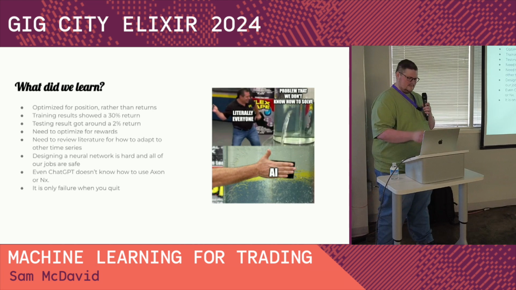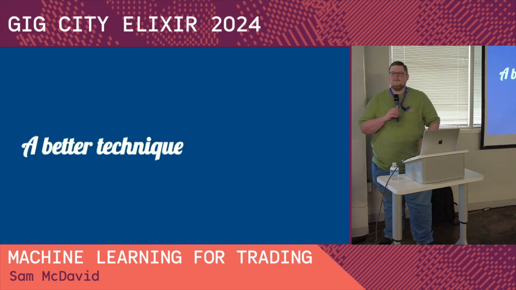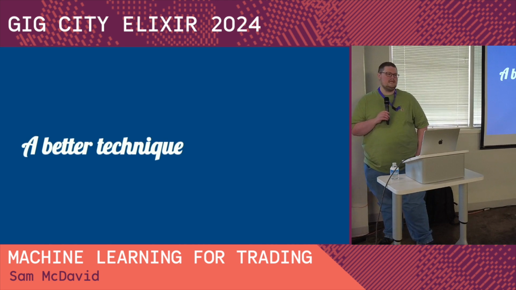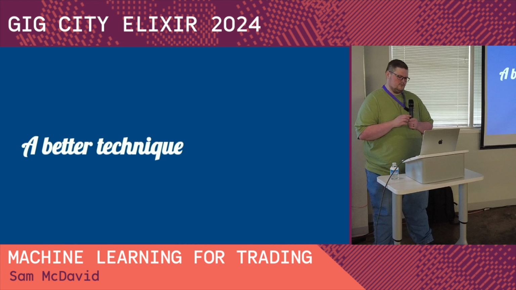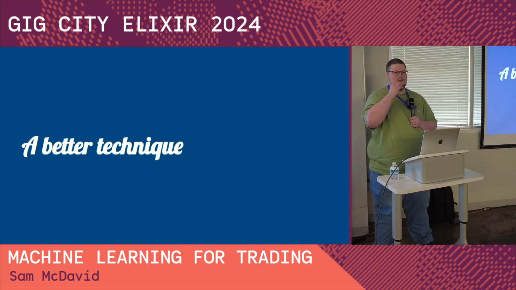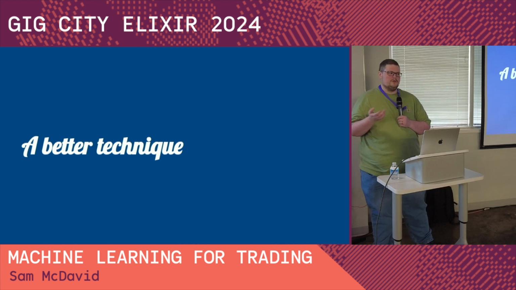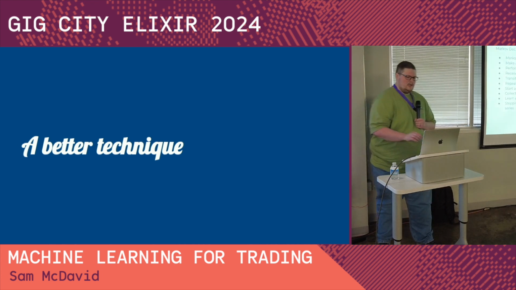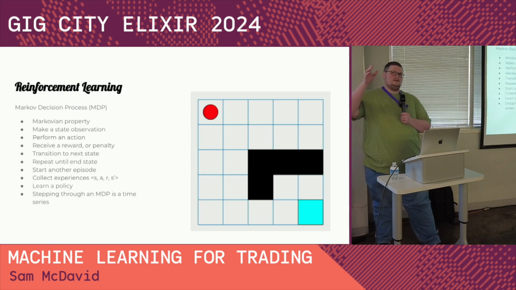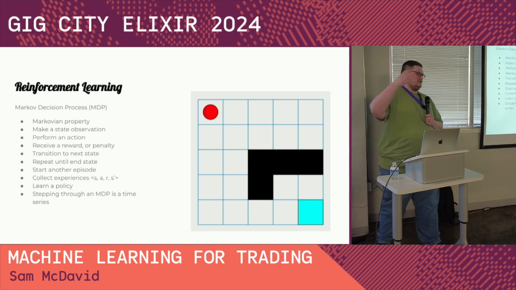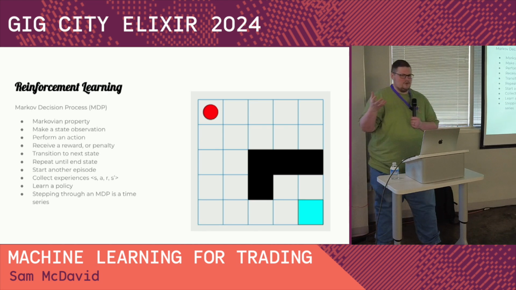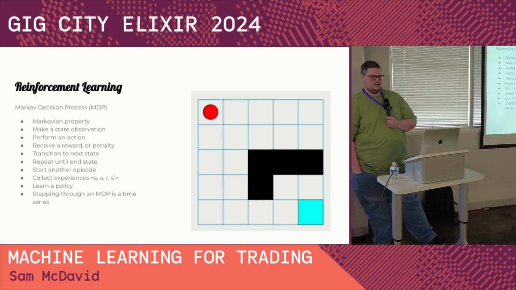But like I said, it's only failure when you quit. So let's talk about other techniques. Something that I've gone through that I really like working with is reinforcement learning. This is a very stereotypical example of what you will see in an introduction to reinforcement learning.